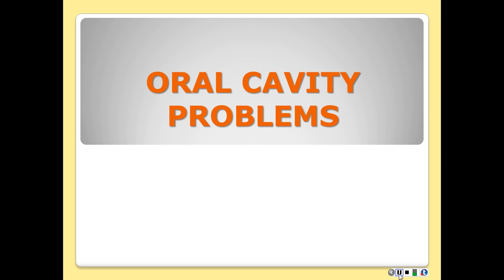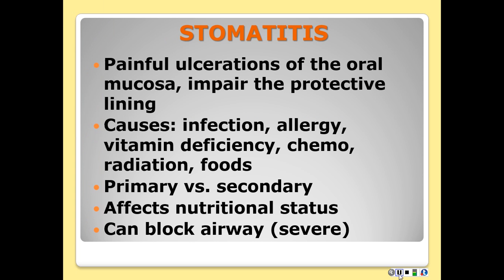Let's start with the oral cavity, and the first one we need to talk about is stomatitis. This is when you have very painful ulcerations in the mouth, inflammation of the oral mucosa, and it's just ulcers, basically. It can be caused from a variety of different items.